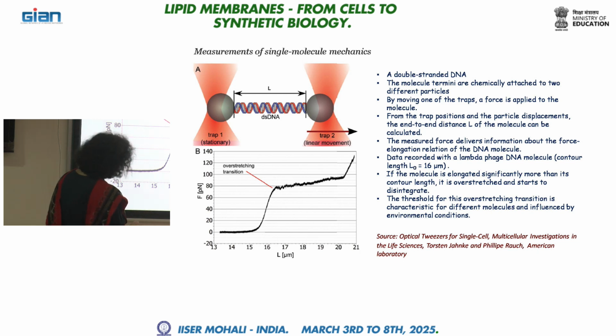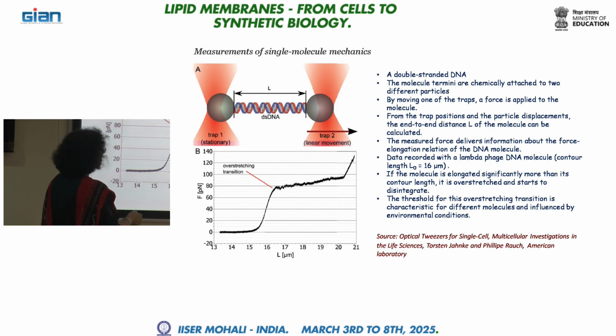And when it has been pulled beyond the contour length of 16 micrometers, you start seeing the overstretching transition, and basically the DNA will now disintegrate. Now this particular behavior again depends upon the different environmental conditions, and you can see when this disruption event will actually happen under what kind of chemical environment. So this is another way in which you could study.